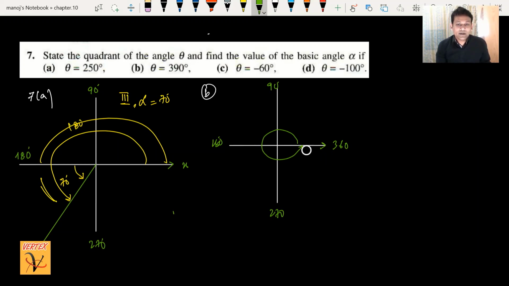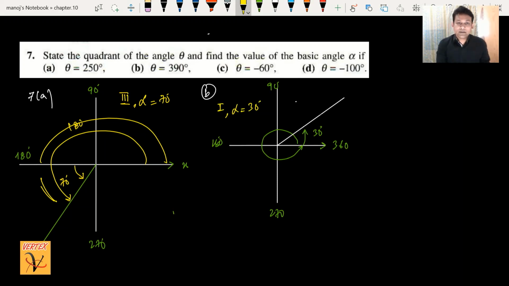And 390 means I am moving into the first quadrant again. After one rotation of 360 degrees, I also move till here. What do we add to 360 to get 390? Just 30 degrees. So in the second part, we are in the first quadrant, and alpha is 30 degrees.